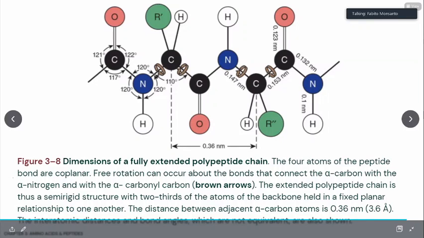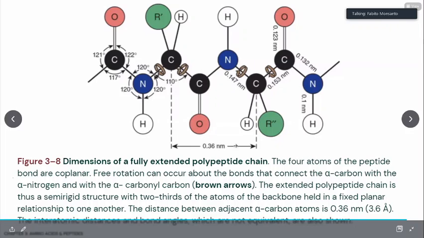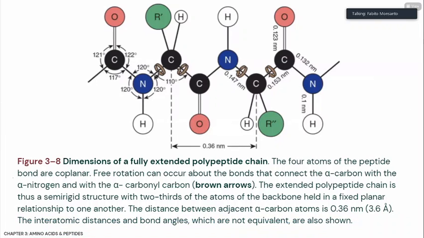Now, although this is not important, I'm just only asking this because when I took my board exam, I was not able to answer this. What is the link between two alpha carbons in a polypeptide chain? Two adjacent alpha carbons. No, that's 0.36 nanometer or 3.6 angstrom. Don't worry, I'll not ask you that.